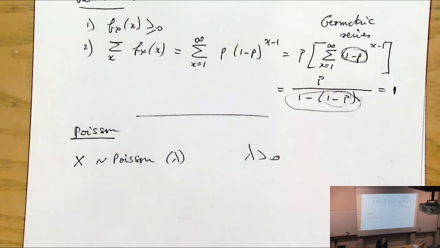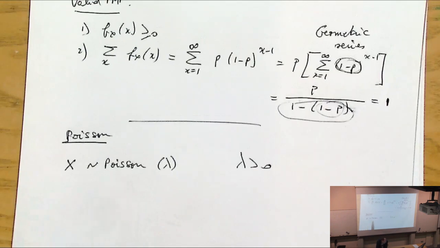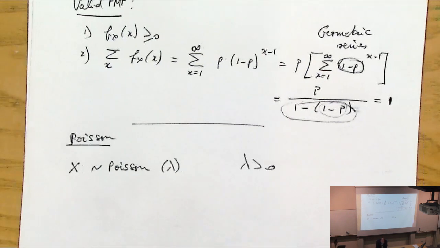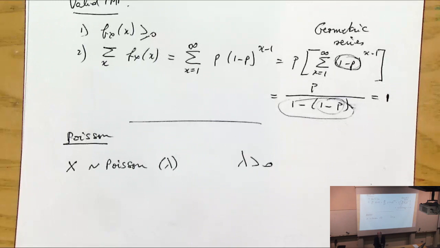And where does this happen? This happens when you try to count a certain number of events that occur in space or in time. So for instance, you're in the supermarket and you try to count the number of customers that arrive at the till. You can use a Poisson distribution.